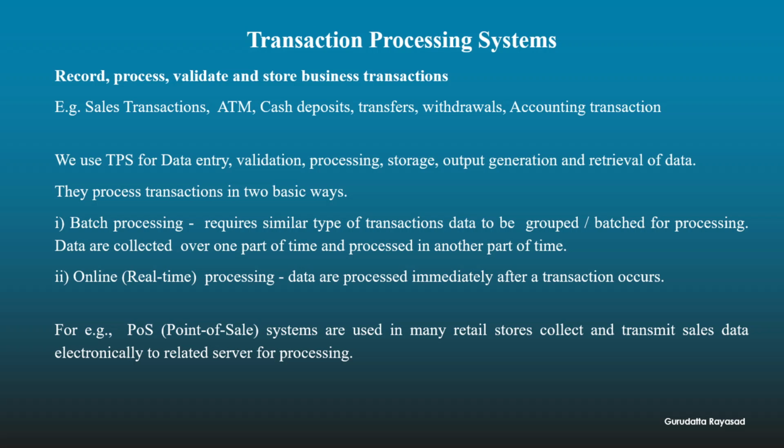That means in a bank, say you are entering some transactions related to checks, related to demand drafts, and related to loans. These are separate types of transactions, but similar types of transactions are grouped together and fed for processing.